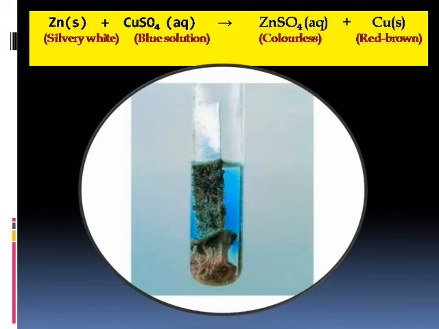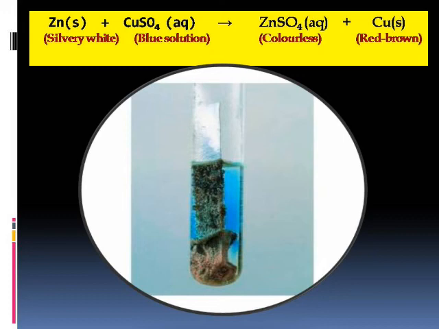Let us see some examples. First, when a strip of zinc metal is placed in copper sulfate solution, then the blue color of copper sulfate solution fades gradually due to the formation of colorless zinc sulfate solution, and red brown copper metal is deposited on the zinc strip.